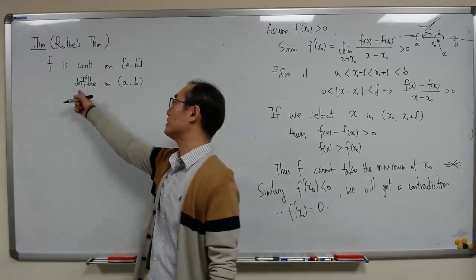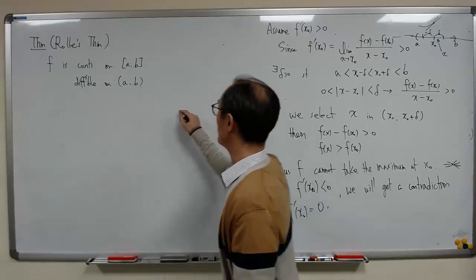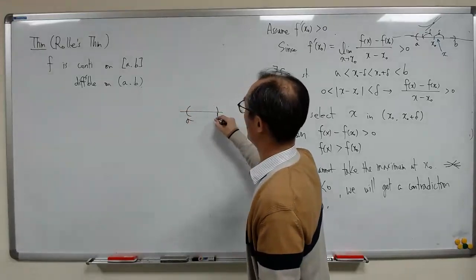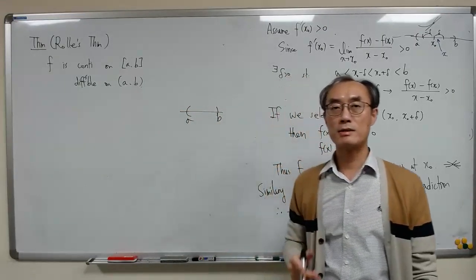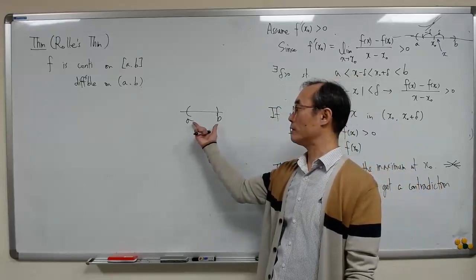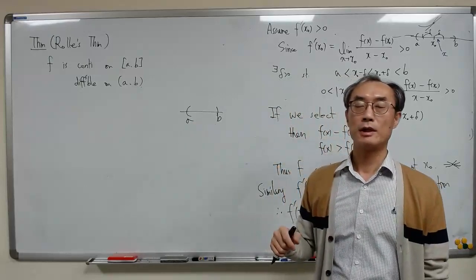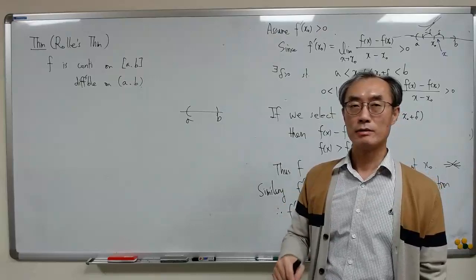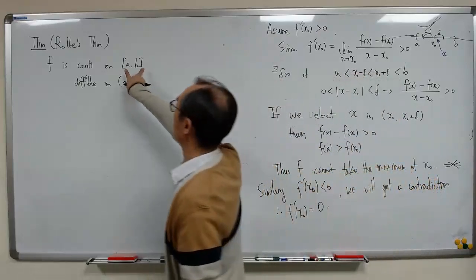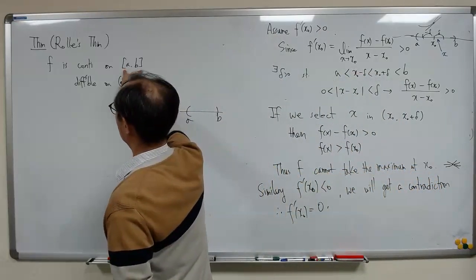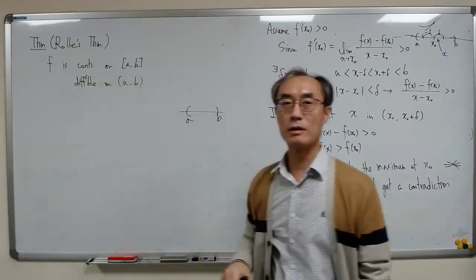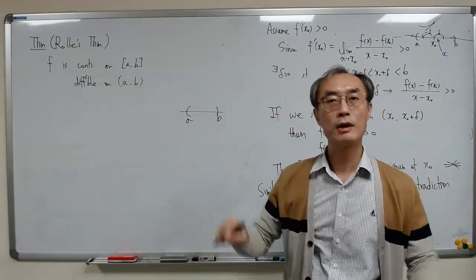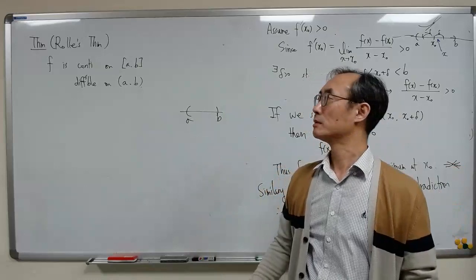So the second condition, differentiable on this open interval from a to b, also implies the continuity of the function in the open interval. In addition to that, we need continuity at both endpoints. So the first condition tells us the function f is continuous at those two endpoints, right?